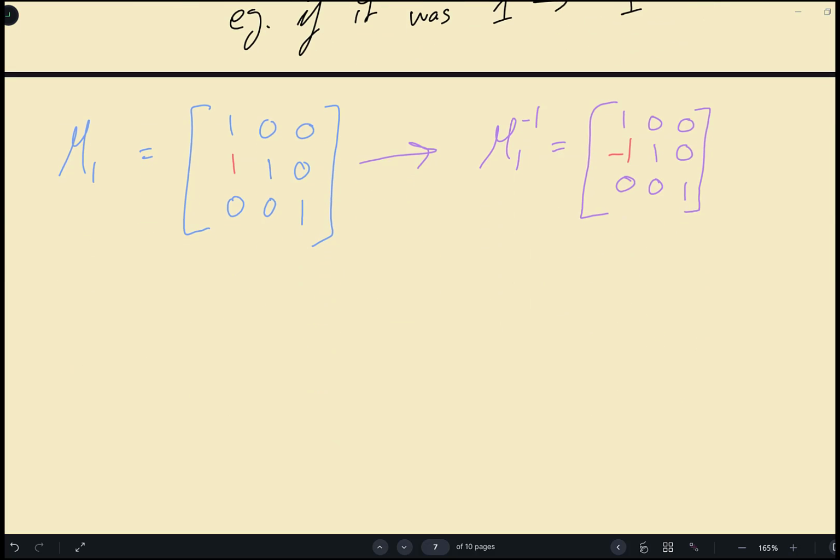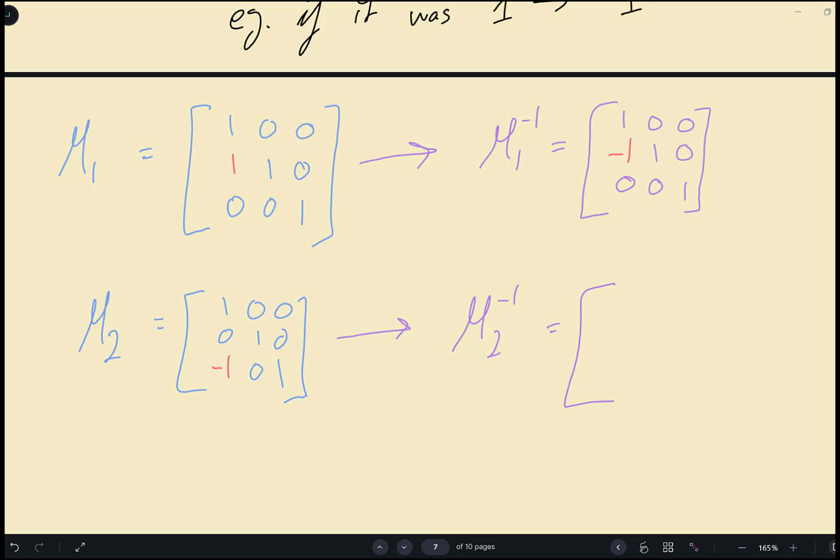Similarly, M2 is equal to 1, 1, 1, 0, 0, 0, and then a 0 here and a 0 here, and this was a -1 here. So M2 inverse is going to be, again, the same matrix, but with the sign of the single row operation switched.